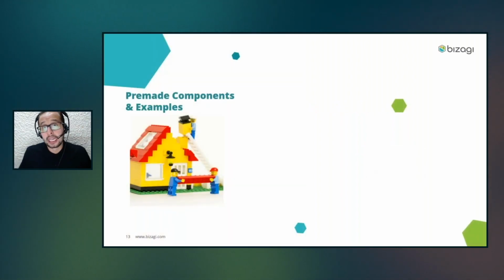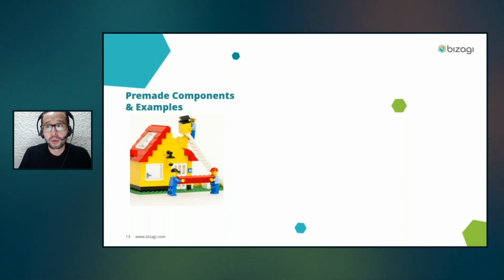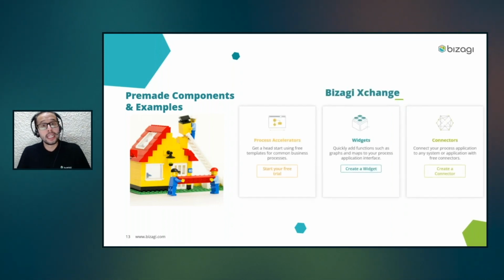So that's the first option for the first step. The second one is something I already mentioned in our previous session, and it is the pre-made components and examples. In the first step, Bizagi offers the Bizagi Exchange, and specifically what are called process accelerators.